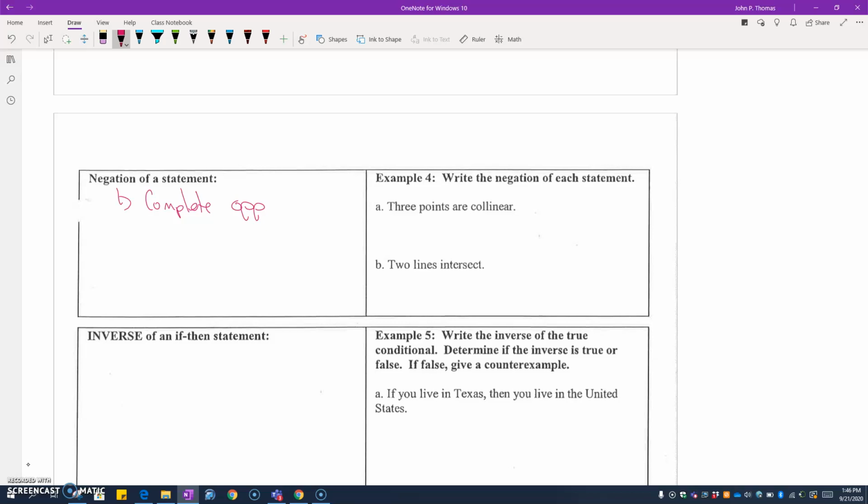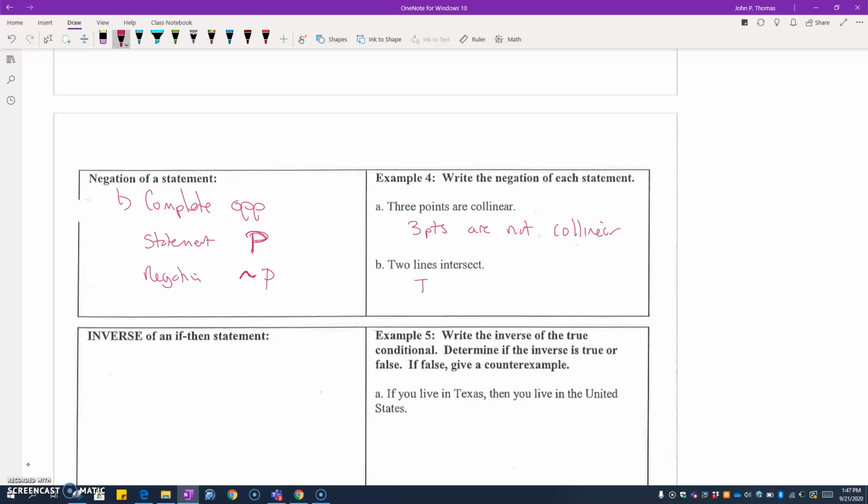So really we're going to just negate it. And if the original statement was like P, if we use that abbreviation for the hypothesis, then the negation we write as a little squiggle P, which is not P. So this one says 3 points are collinear. The negation would be 3 points are not collinear. And the next one's 2 lines intersect.